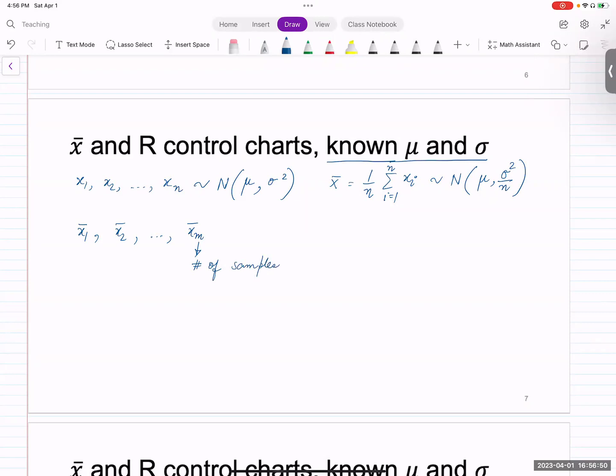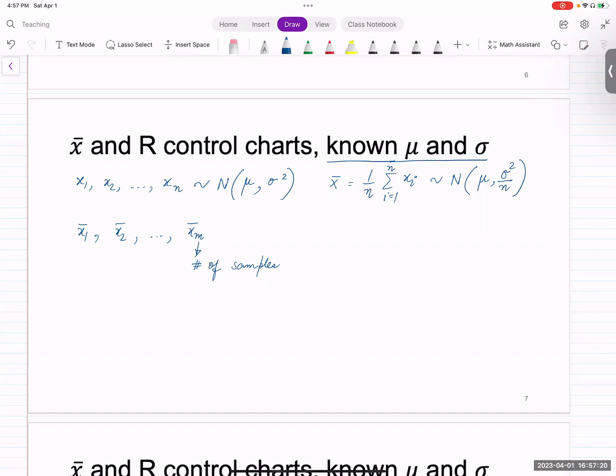Now, to give you an idea as to what exactly these x1 bar, x2 bar up to xm bar mean, think about something like an Apple Pencil that I'm using right now. Every single time I monitor my Apple Pencil, I make n measurements on every Apple Pencil. That will be denoted as x1, x2 up to xn. So for every Apple Pencil, I have n measurements, and I take an average of that. That will give me x1 bar.